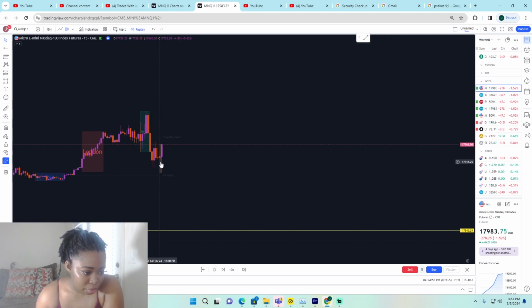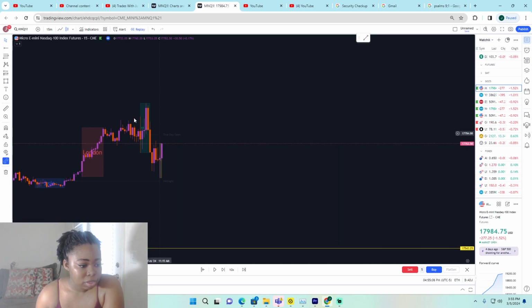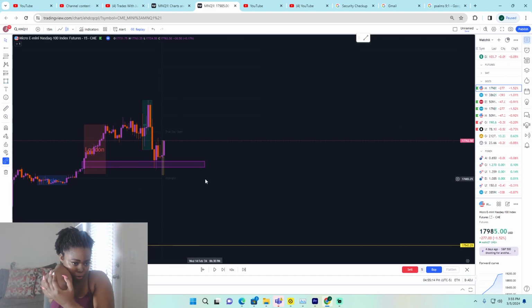And then on this third candle, it came down and wicked and lost momentum really quick, and it looked like it reversed right after that. So let me go ahead and mark this out so you can see it. This right here. And so I will be looking for entries at this point.